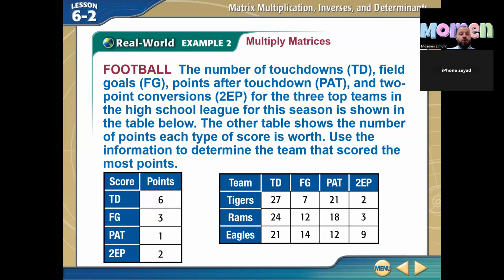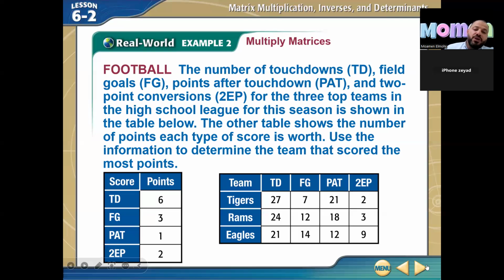This season is shown in the first table. The other table shows the number of points each type of score is worth. Use the information to determine which team scored the most points.